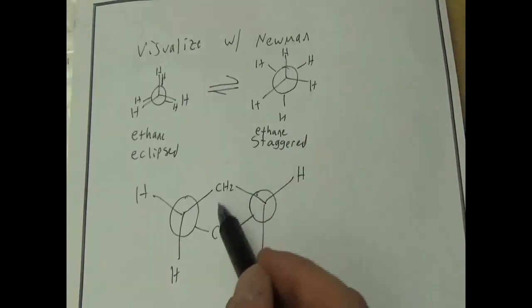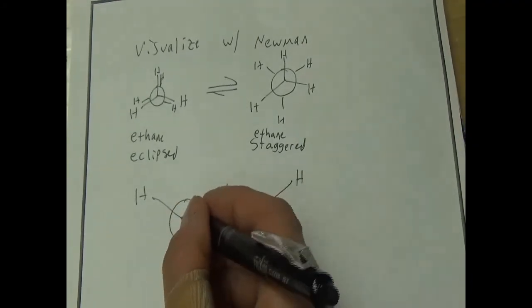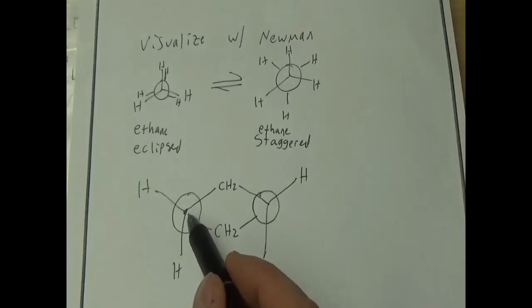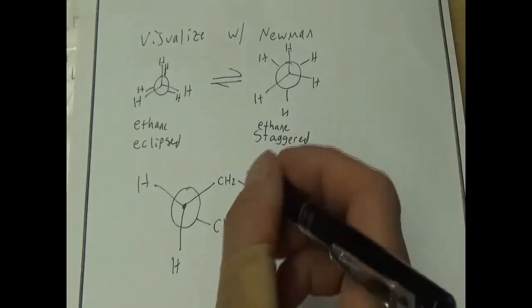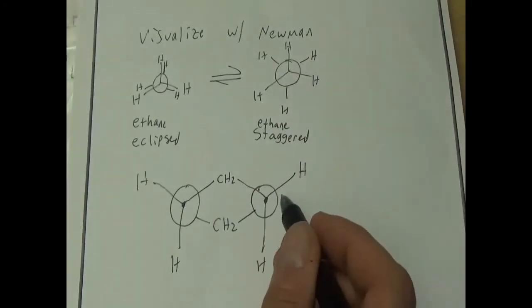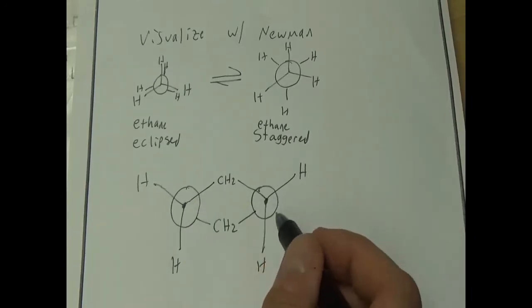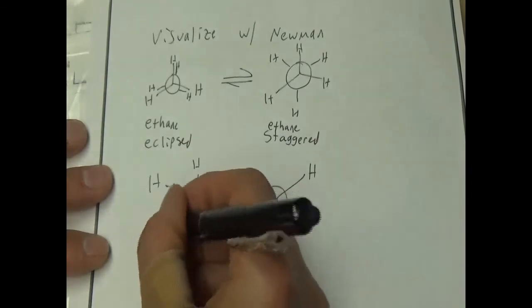Remember, what's the middle of the Newman? This is a carbon, right? We have a dot and a circle. The dot is the close carbon. The circle is the further carbon. Okay, so we got the two closer carbons, and we have two further carbons, and everything is staggered.